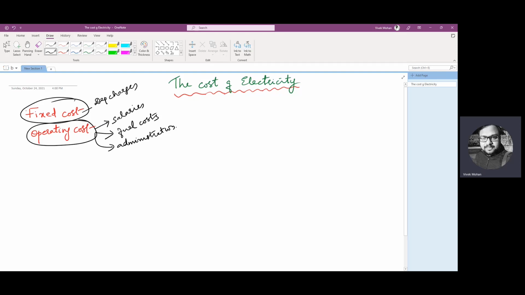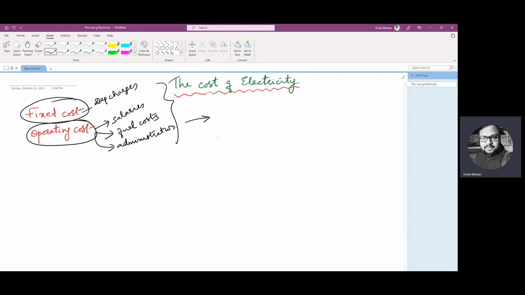Now, keeping these two cost components in mind, the utility defines its electricity price, right? The electricity is consumed by the consumers.